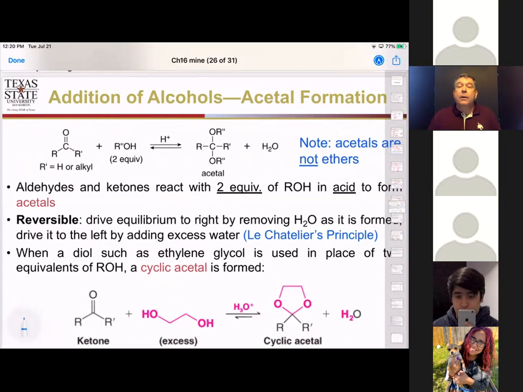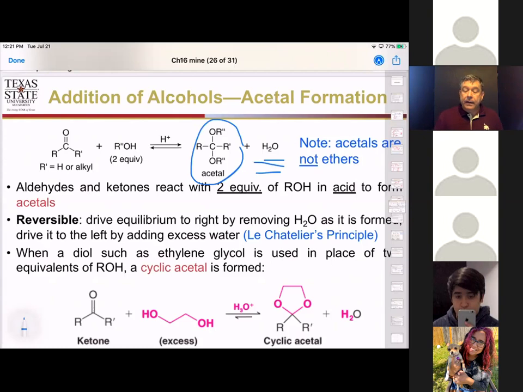Okay, so in the case of formation of the acetal, you have to have two equivalents of your alcohol, and then either acid or base. Typically acid's used because it's a lot easier to do. And so you would take an aldehyde or a ketone plus 2 equivalents of an alcohol, and then to drive the reaction to completion, to keep it in this acetal state, we tend to remove water from the reaction.